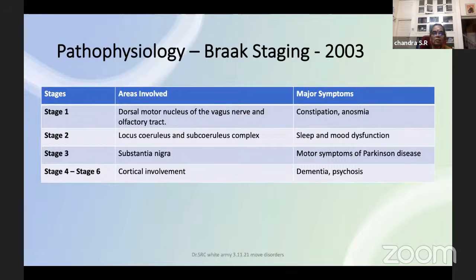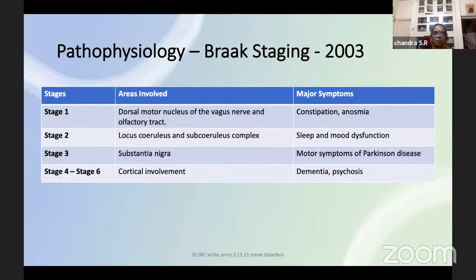Next is the locus coeruleus and subcoeruleus complex, so sleep and mood become altered. Third is the substantia nigra, when you diagnose your case. And last is the cognitive stage, then psychosis, and the cognitive functions become affected. So the earliest thing is pathology in the olfactory tract and the vagus.